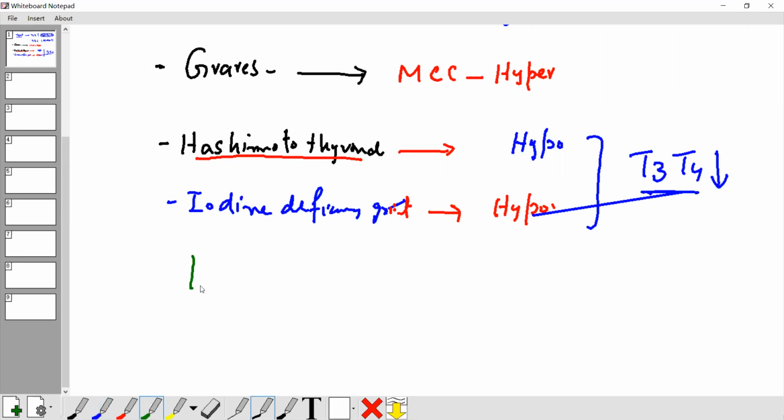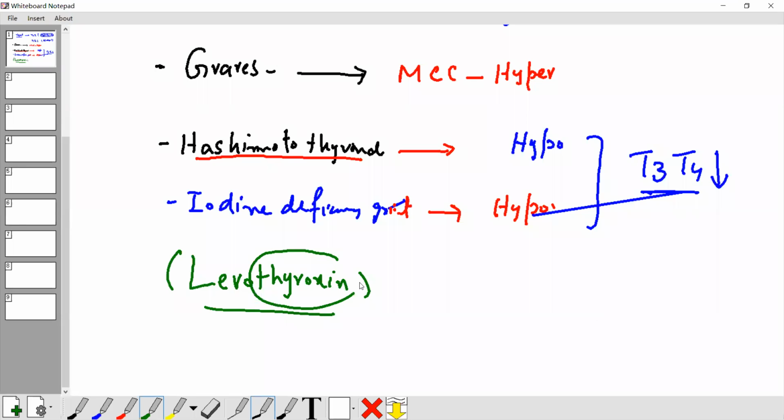For this purpose, we can use a simple drug, levothyroxine. It's a thyroid hormone, thyroxine, in the form of levothyroxine. This drug, given from outside, is used if the patient is diagnosed with hypothyroidism.